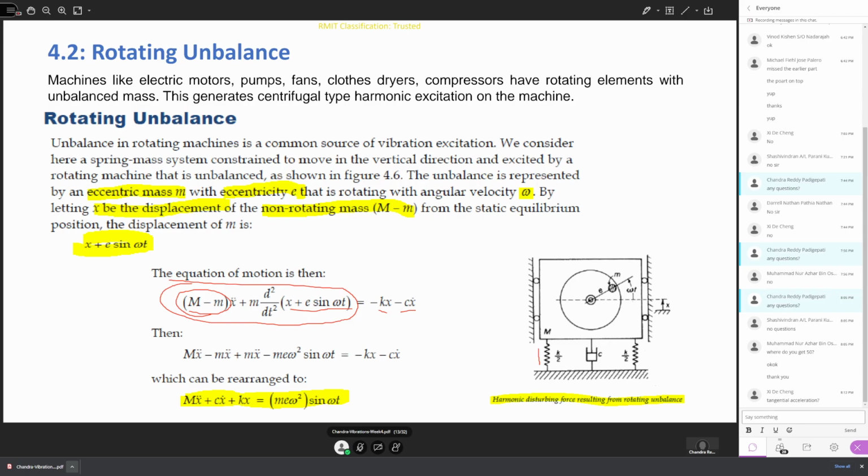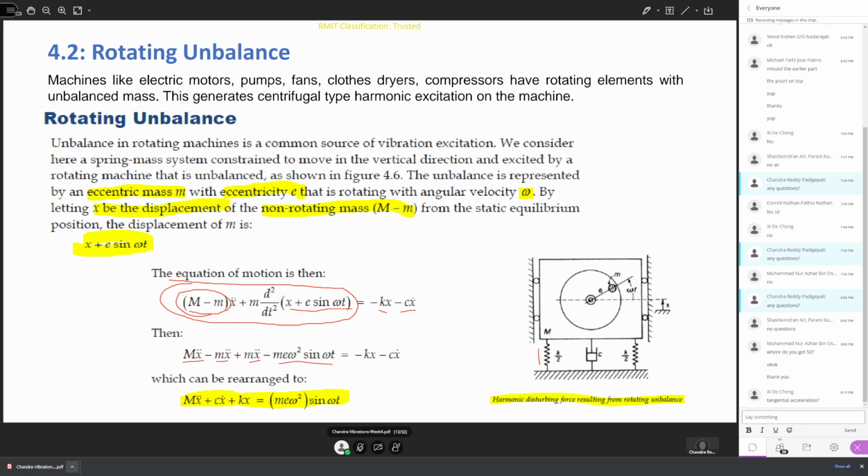expand this equation. Capital M into x double dot, we can write minus small m into x double dot, where d square x is nothing but x double dot. Then e omega square sine omega t is nothing but the centrifugal force.